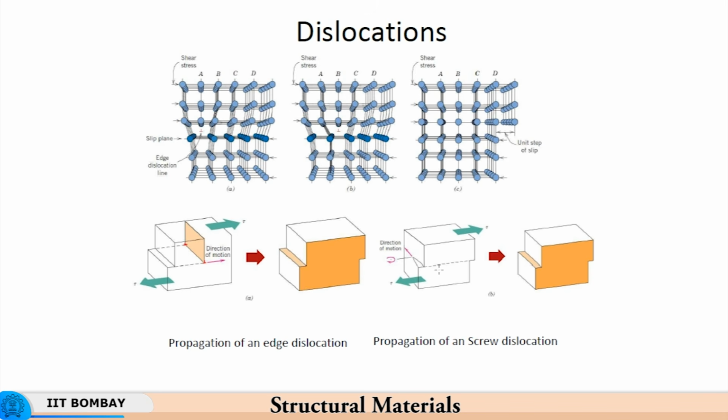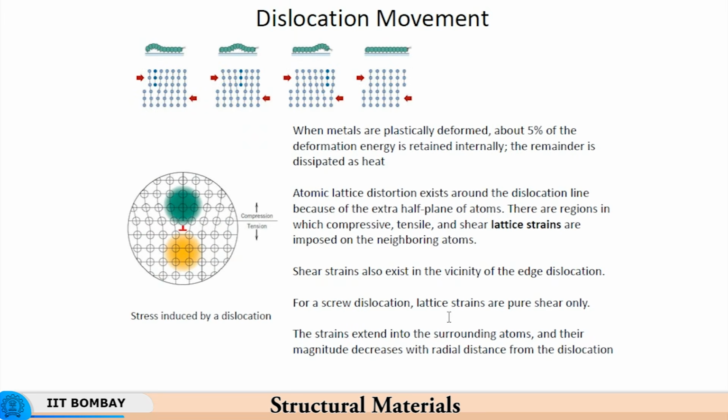So the screw dislocation is represented by a line because the Burgers vector and the dislocation line are in the same direction. So you see the stress fields over here, and here the dislocation movement is depicted. So you had a step over here, and then you have a step generated here.